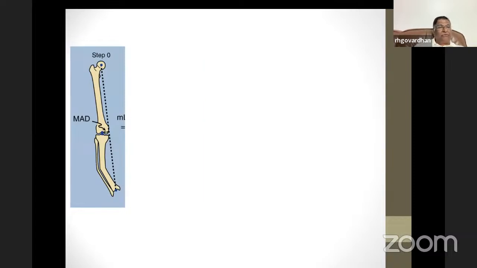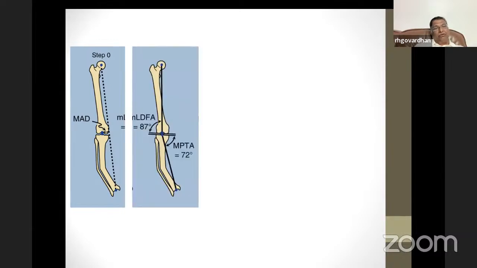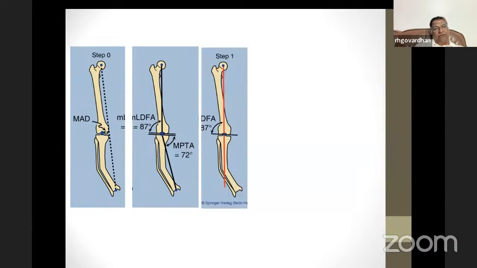Now, this is an example of a varus deformity. Here, the mechanical axis line is on the medial side. So you draw the first line from the center of the hip to the center of the knee, and assess the lateral distal femoral angle, which is about 87 degrees. But the medial proximal tibial angle is 72 degrees.